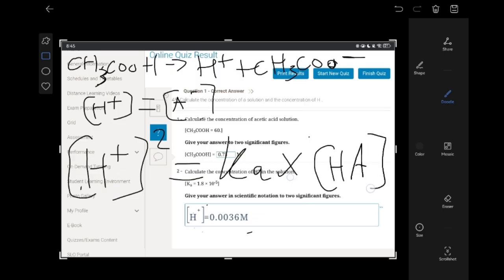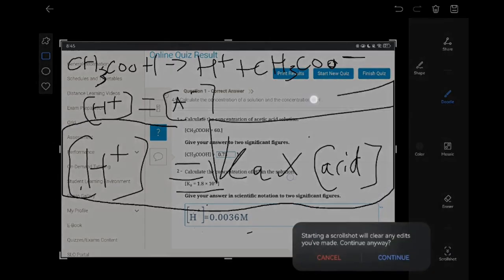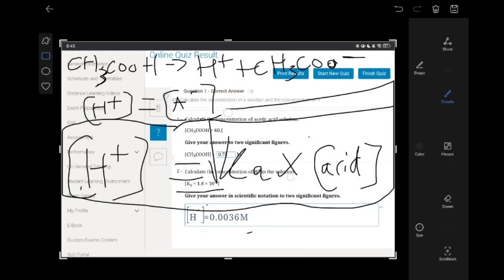HA is the acid, yeah? From now on, instead of writing HA, I'll just write acid so you don't get more confused. Square root both sides, and the 2 cancels out. This is what you want to do. They already give you Ka, which is good. And by the way, this formula is only used if the two ions are in a 1-to-1 ratio, because they're equal then.